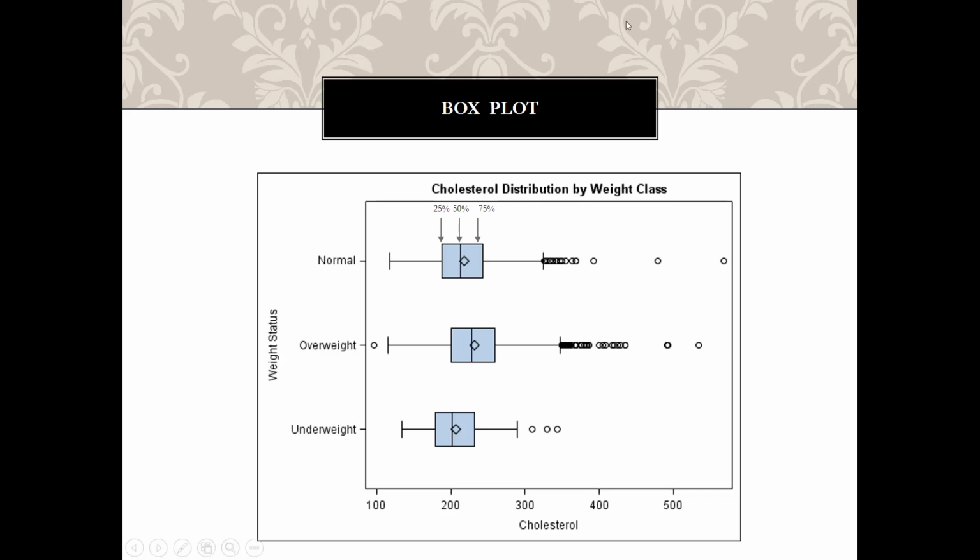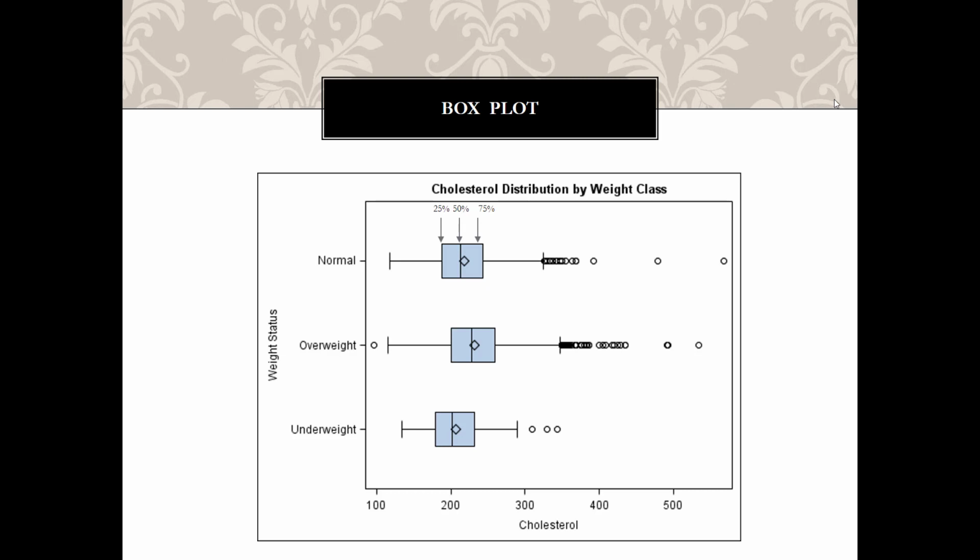Another useful way to graphically depict the data is our box plot. And this particular slide gives you a nice box plot that describes cholesterol distribution by weight class. So the top box plot is for kids with a normal weight, under that the overweight, and below that underweight.